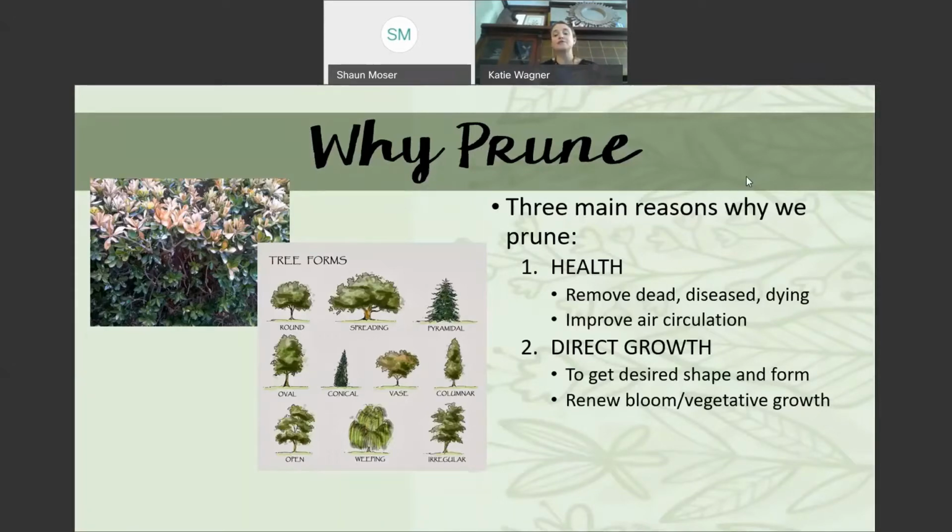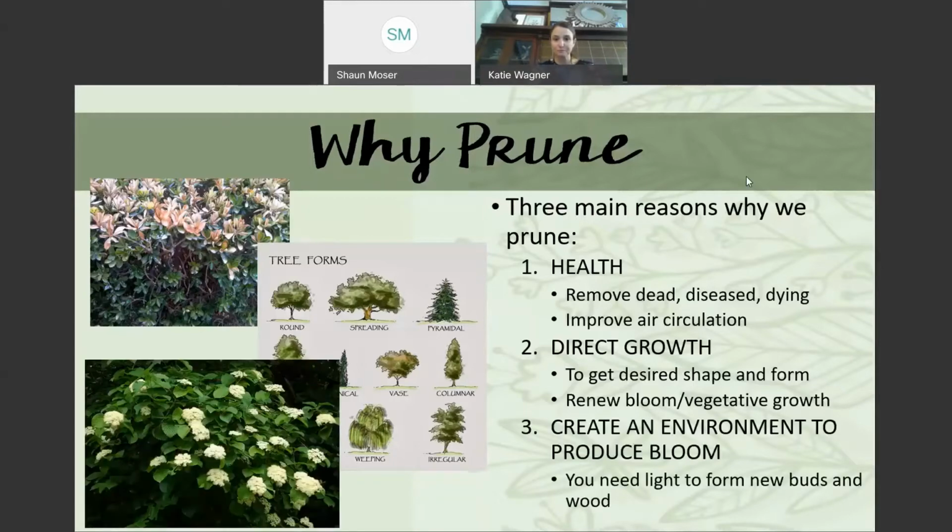Also, sometimes it's to renew bloom or vegetative growth. If we have a plant that maybe isn't as dense as we would like, that we would like more leaves, we can do certain types of pruning cuts to get a nice fuller, denser look to that plant, or to get more blooms to produce on that plant. So those are a couple other reasons why we prune. And it's really important, and we'll talk about this a lot in fruit tree pruning, but you do not get bloom formation, you do not get blossoms, unless you have light access to portions of the plant.